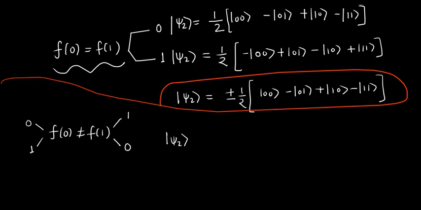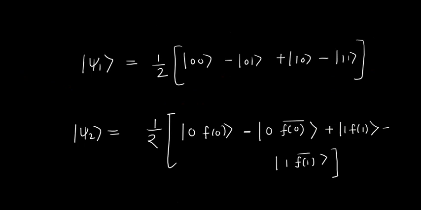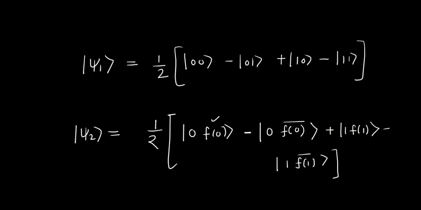However, when f0 is not equal to f1, following the first case, the output is this, which is not very difficult to get. You just need to put f0 equal to 0 and f1 equal to 1. And similarly, this is the complement, right?